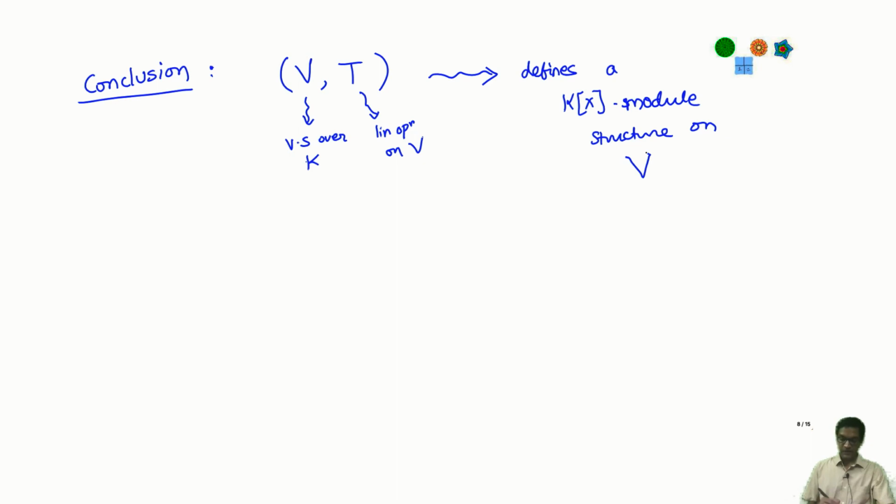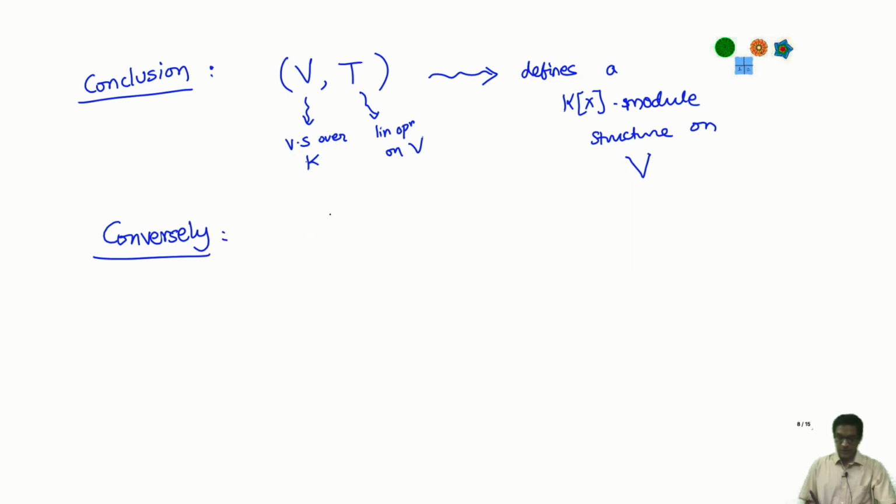And in fact the converse is also true, that if I am given a K[x] module, then from that I can extract a vector space and a linear operator. Okay. So let me quickly tell you what the converse is.